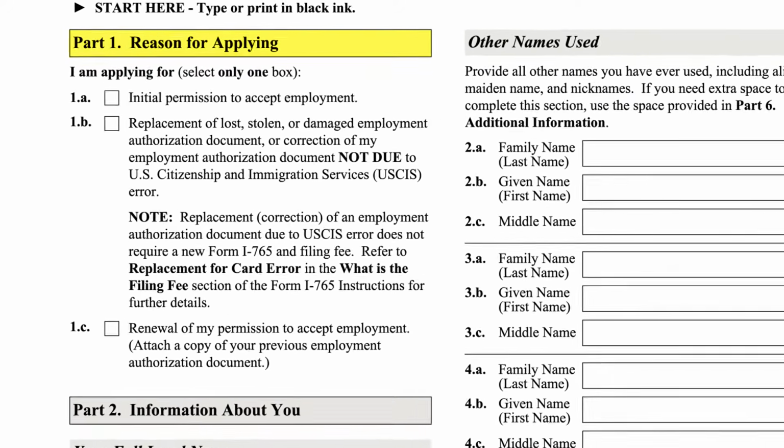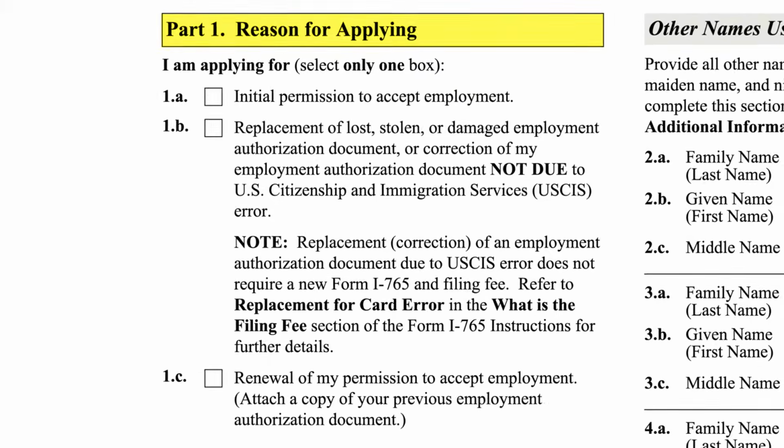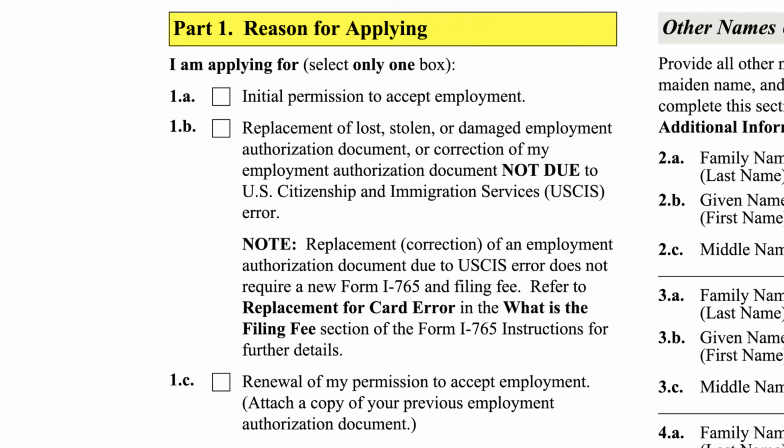To complete Part 1, Reason for Applying, you must select just one of the 3 checkboxes. 1A, if you are requesting your first EAD card in this eligibility category. 1B, if you are requesting a replacement for an EAD card that has been lost, stolen, or damaged, or contains errors.